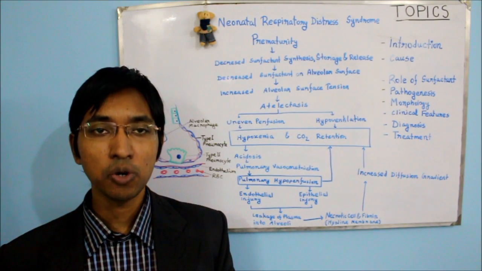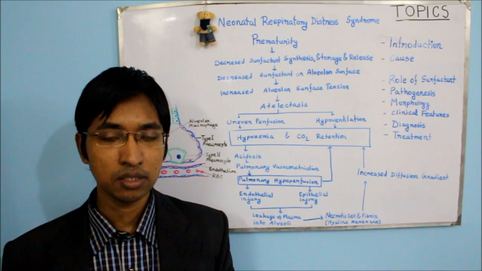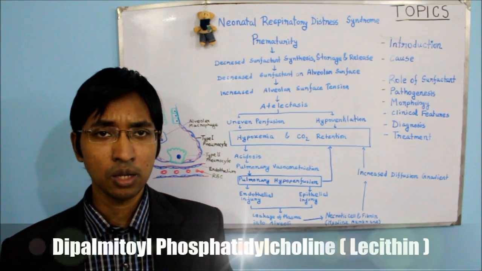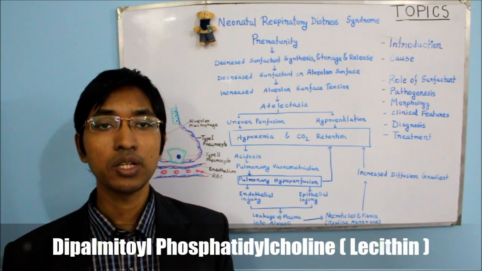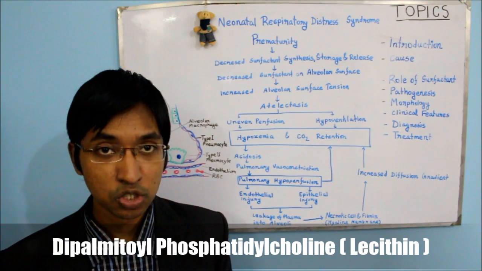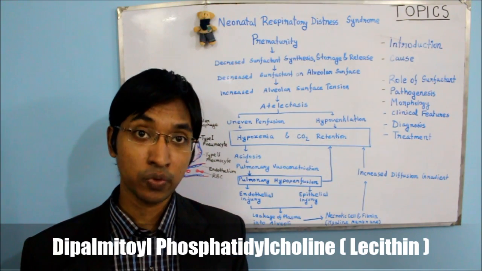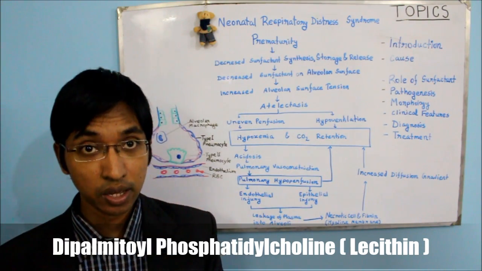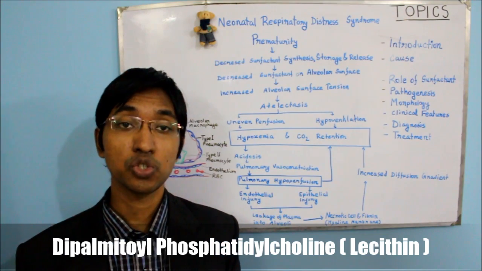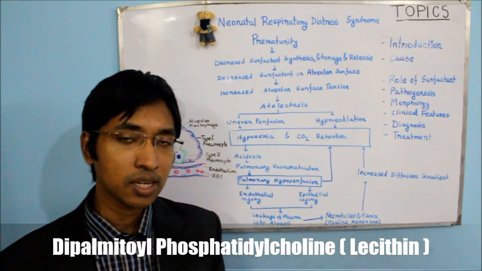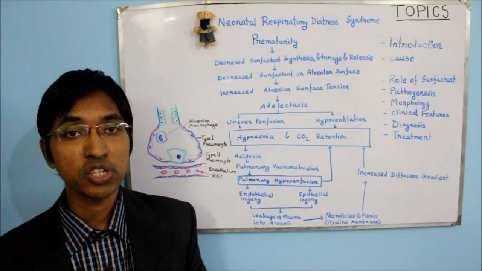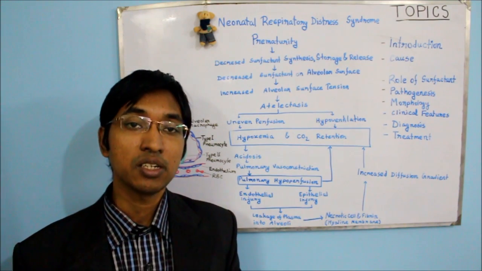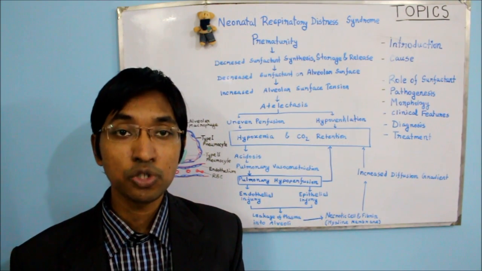The major component of surfactant is dipalmitoyl phosphatidylcholine. It will also contain smaller amounts of phosphatidylglycerol and also some surfactant associated proteins. Now these surfactant associated proteins are again subdivided into two groups.